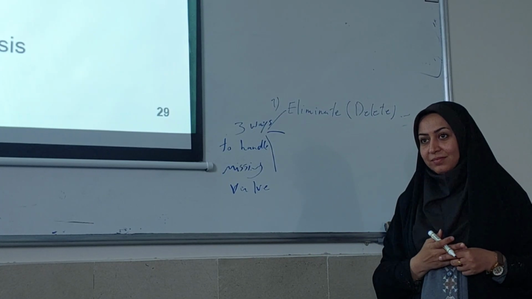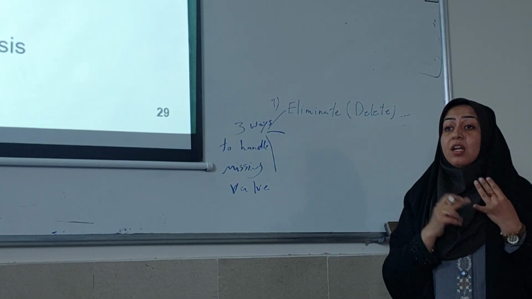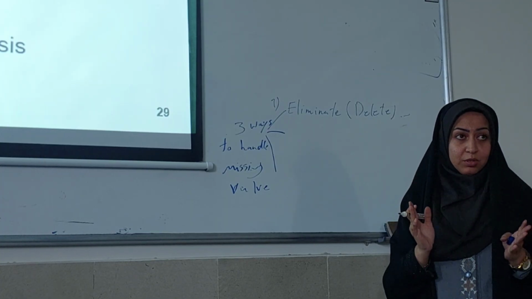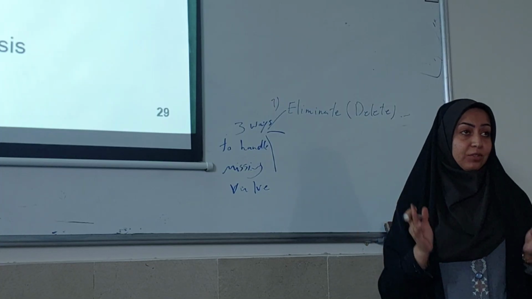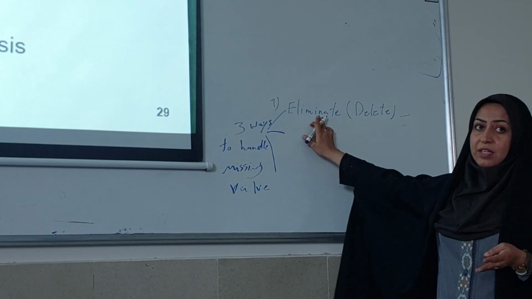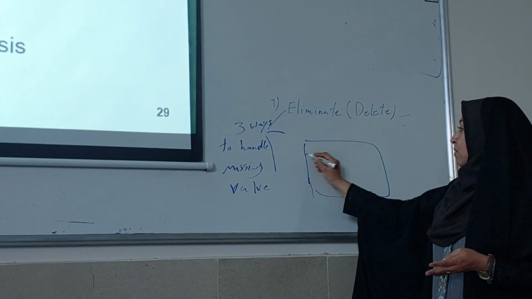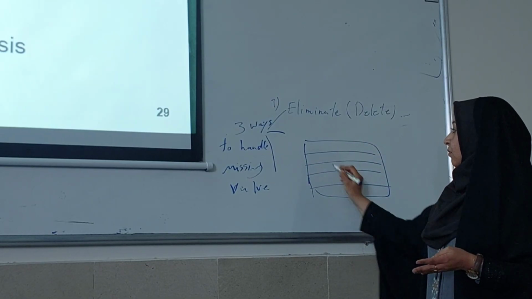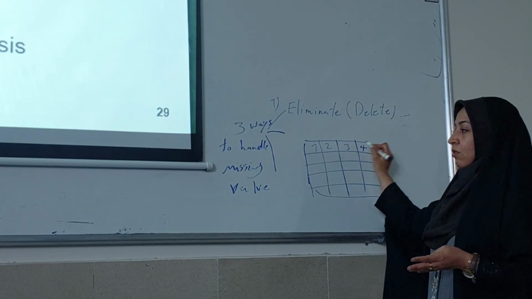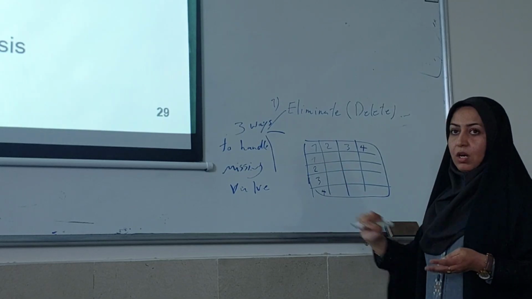One reason is that if we have data with low dimension or low size, we cannot use eliminate. For example, take data with 4 attributes and 4 objects.